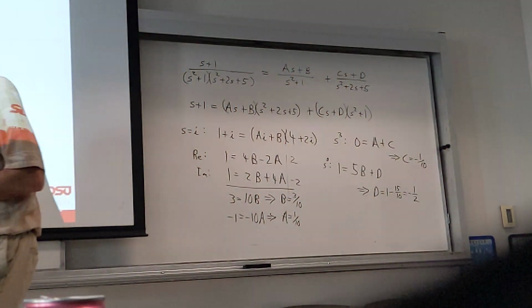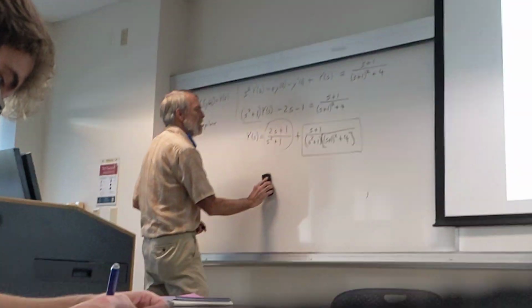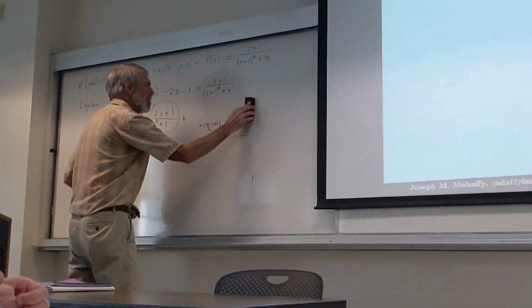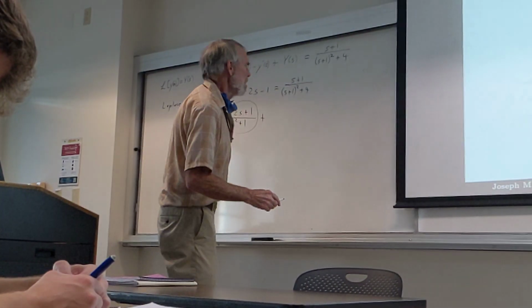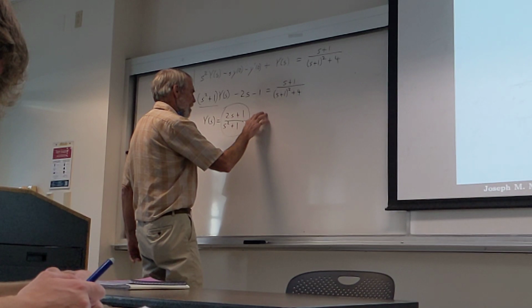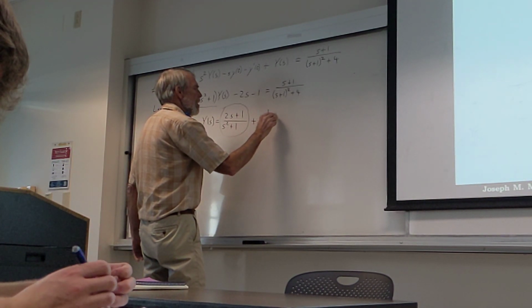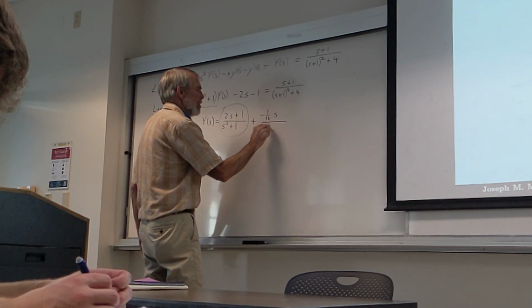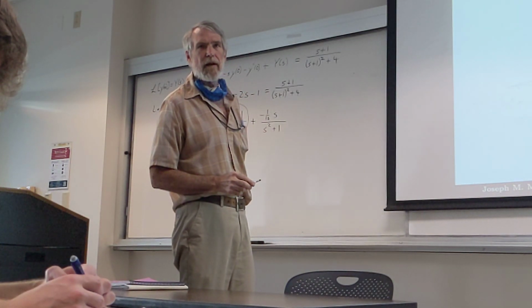Okay, so coming back over here, let's see. We've got minus 1/10 s over s squared plus 1 there.